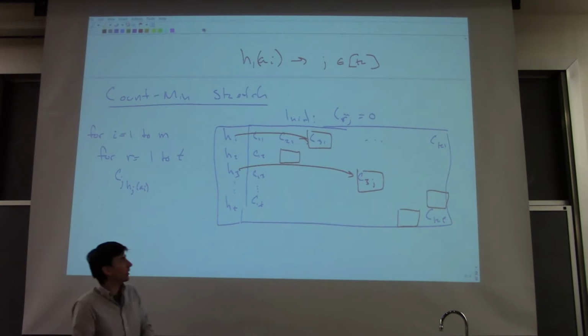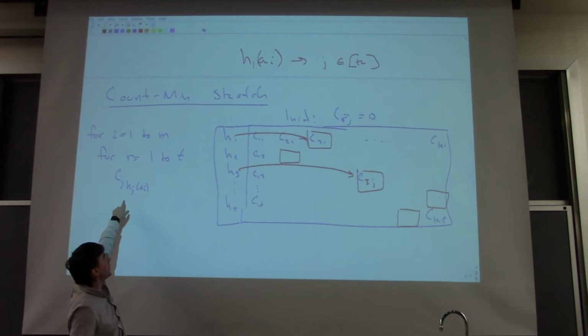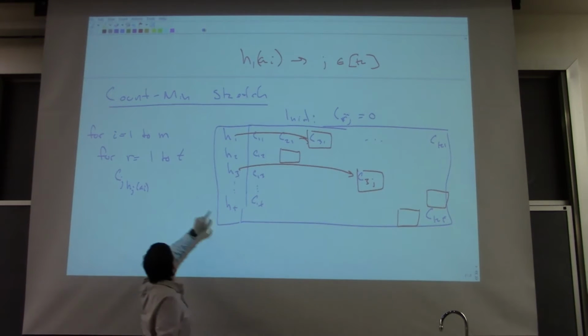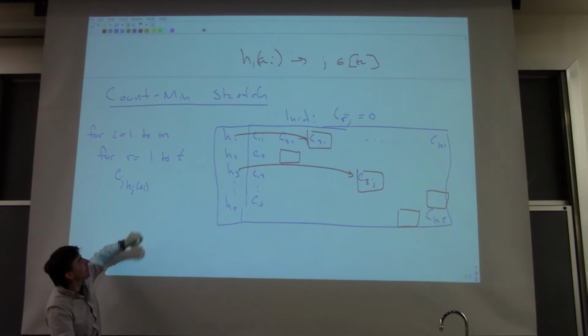So this tells me what counter to find in here.